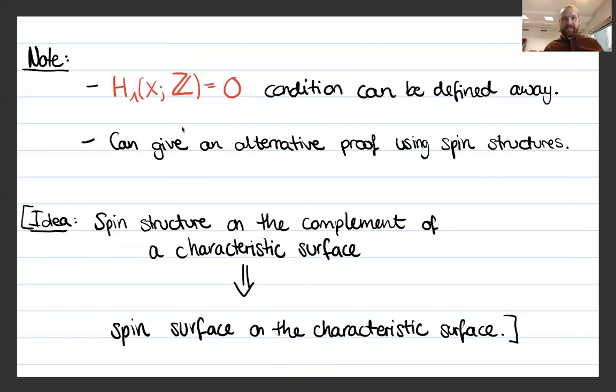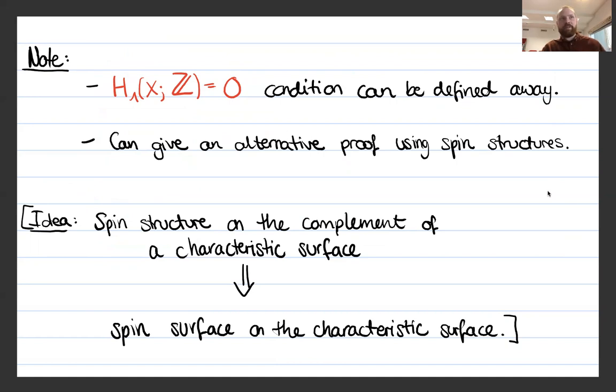I'd like to mention just how this H1 condition can be defined away, so-called defined away. So you start in the closed setting. You can prove the same closed formula of Rokhlin by just erasing the H1 condition. The only difficulty is defining the Arf invariant of your surface.